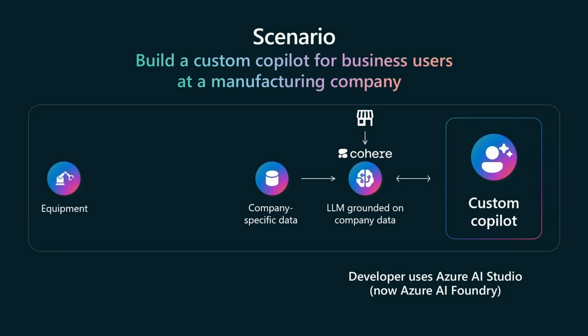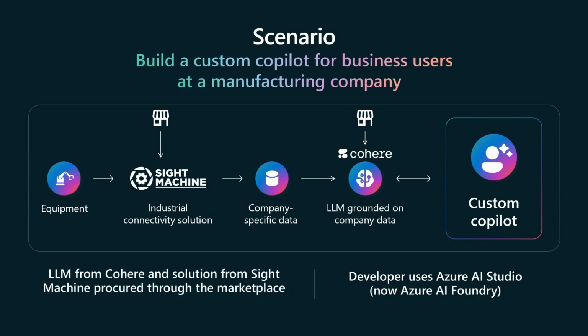And this company-specific data comes from the manufacturing plant floor, from the equipment and the devices, and is being put together, consolidated, massaged, and put into an AI-friendly format via a third-party application from a vendor called SideMachine that they also purchase from the marketplace.